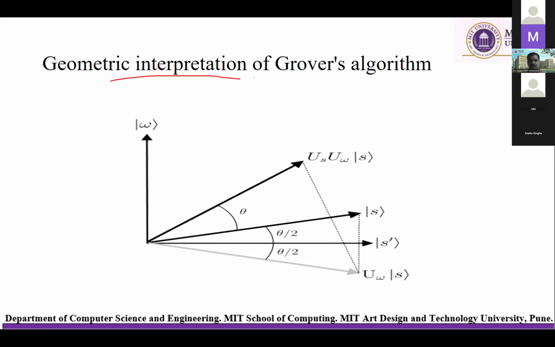Now here the geometric interpretation of the Grover algorithm is given. This is the important algorithm. Here |psi> is the total inputs which are present in that particular data set, whereas |S> is nothing but the particular number which we are interested to search from that data set.